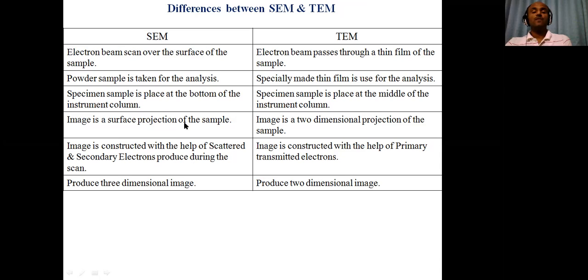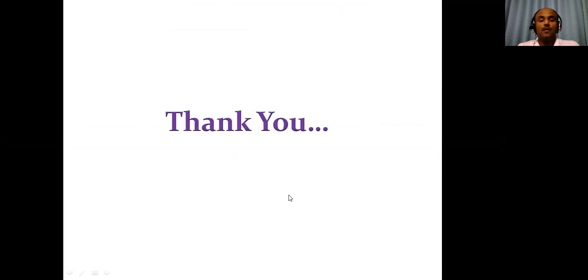The image is a surface projection of the sample, while in TEM, the image is a two-dimensional projection of the sample. In SEM, the image is constructed with the help of scattered and secondary electrons produced during the scan, while in TEM, the image is constructed with the help of primary transmitted electrons. SEM produces a three-dimensional image, while TEM produces a two-dimensional image.